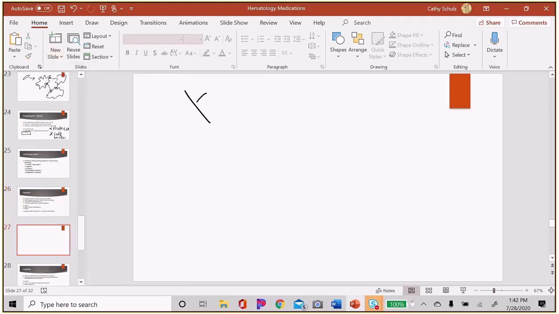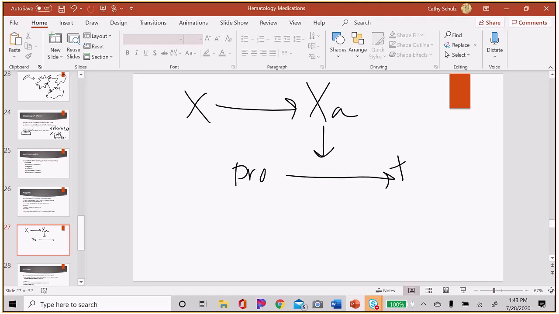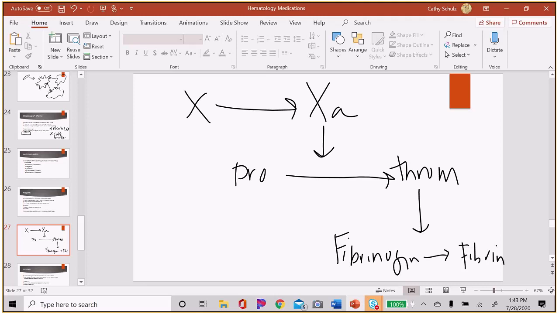So we have that factor 10 that gets activated. Well, if I can draw this correctly. Activated factor 10 changes prothrombin to thrombin, and then thrombin is what changes fibrinogen to fibrin. So heparin and Lovenox act on this step.